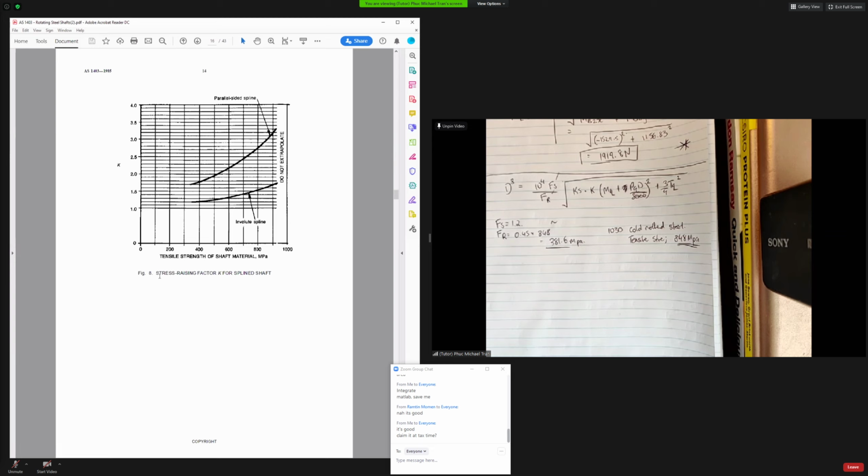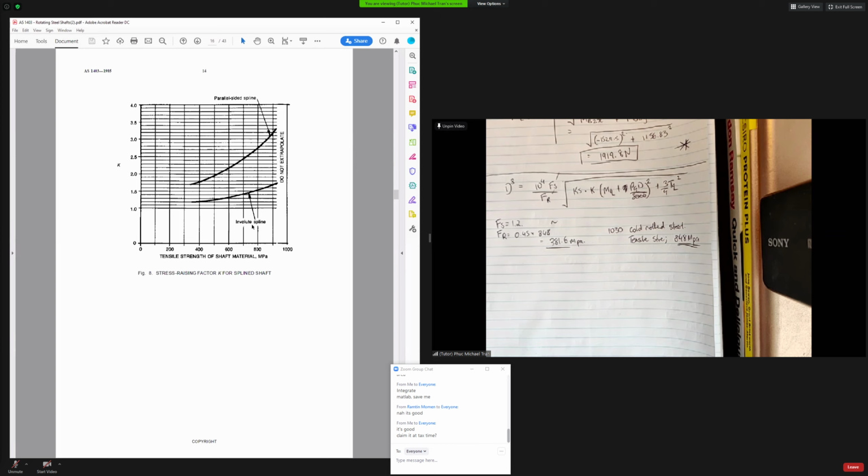What else is there? There's splines too. If anyone knows what a spline shaft is, they're used mainly for driving applications like steering. Depending on what kind of splines you have, you would go to the material of the shaft that you're machining, go up, and then read it off.